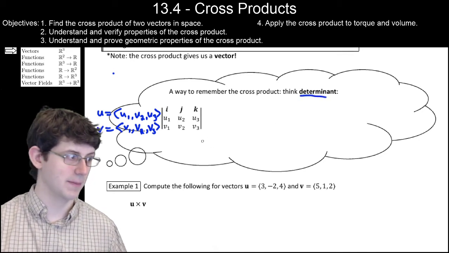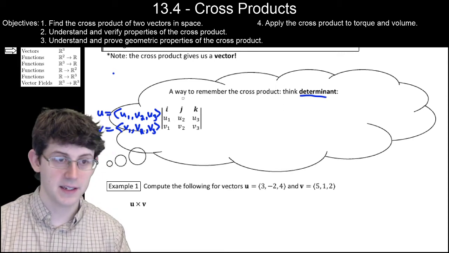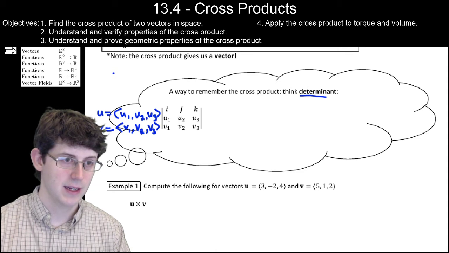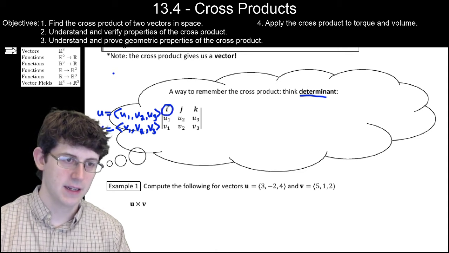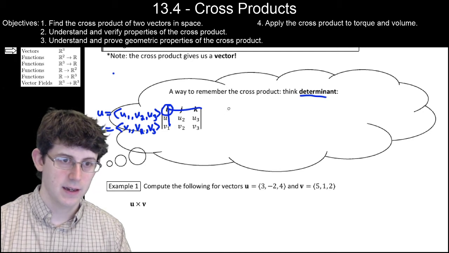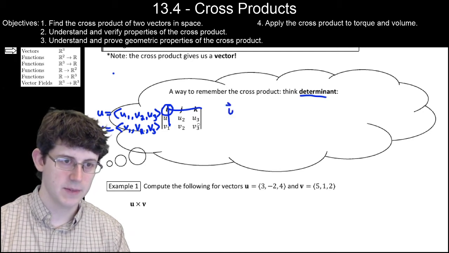Okay, how do you take the determinant of a matrix? For a 3x3 matrix, you can go across the top row. You pick i first, cross out the i's row and column, and do i times the determinant of this smaller matrix.